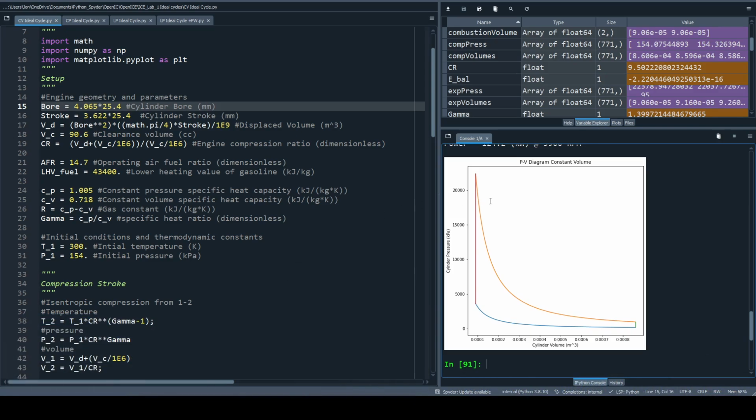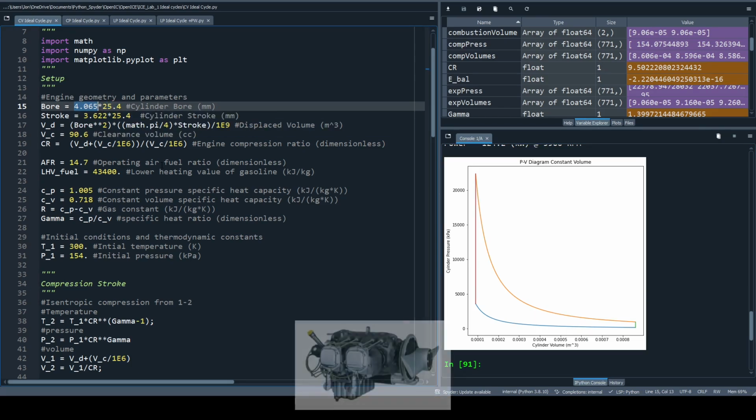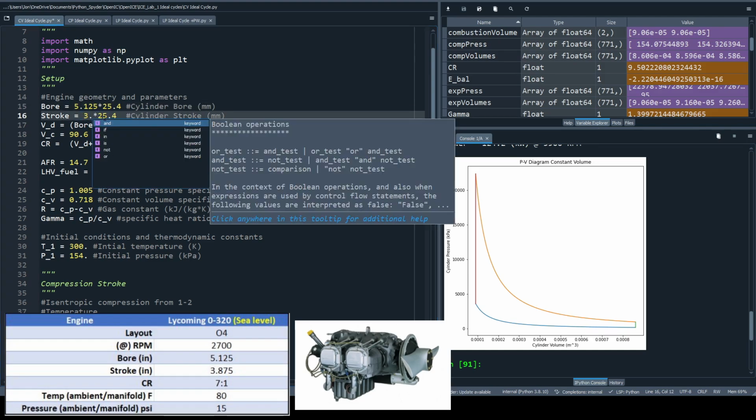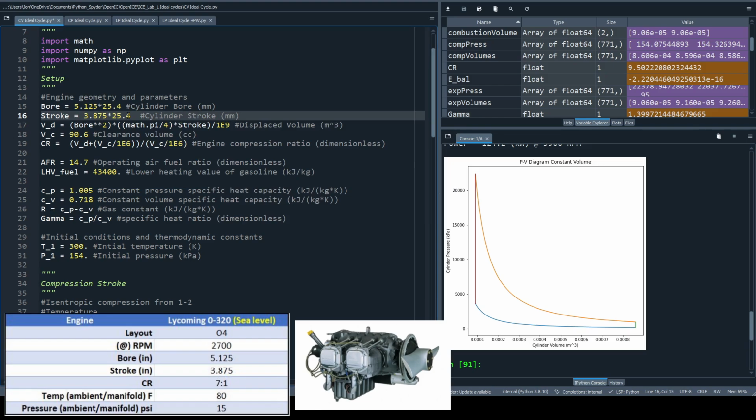Okay, so this time we're going to do an example with an aircraft engine. So let's say it's the Lycoming IO320 that's in the Cessna I fly. So that's going to be a real big 5.125 inch bore. I think it's 3.875 for stroke.